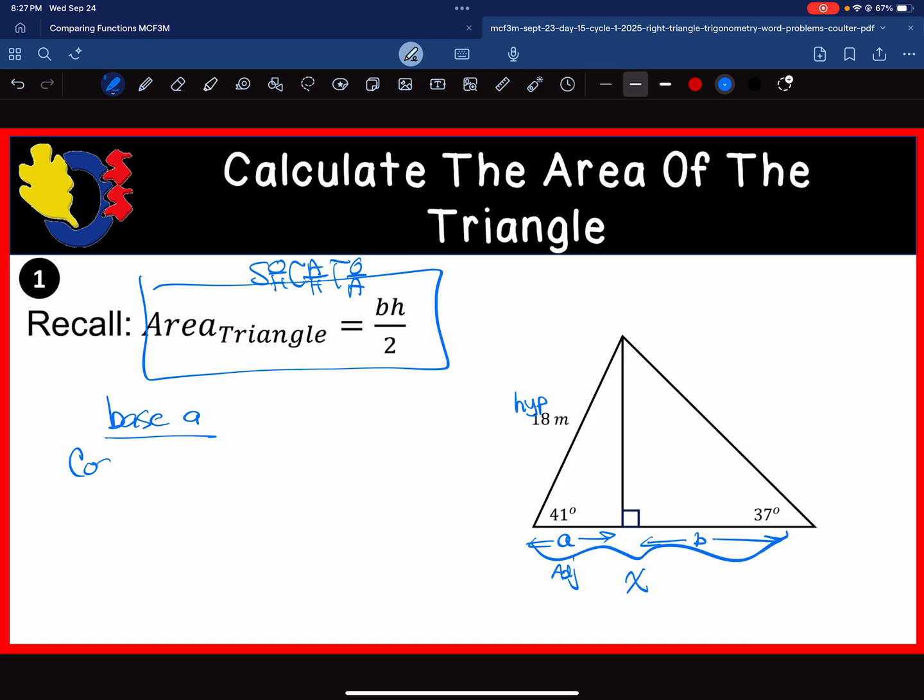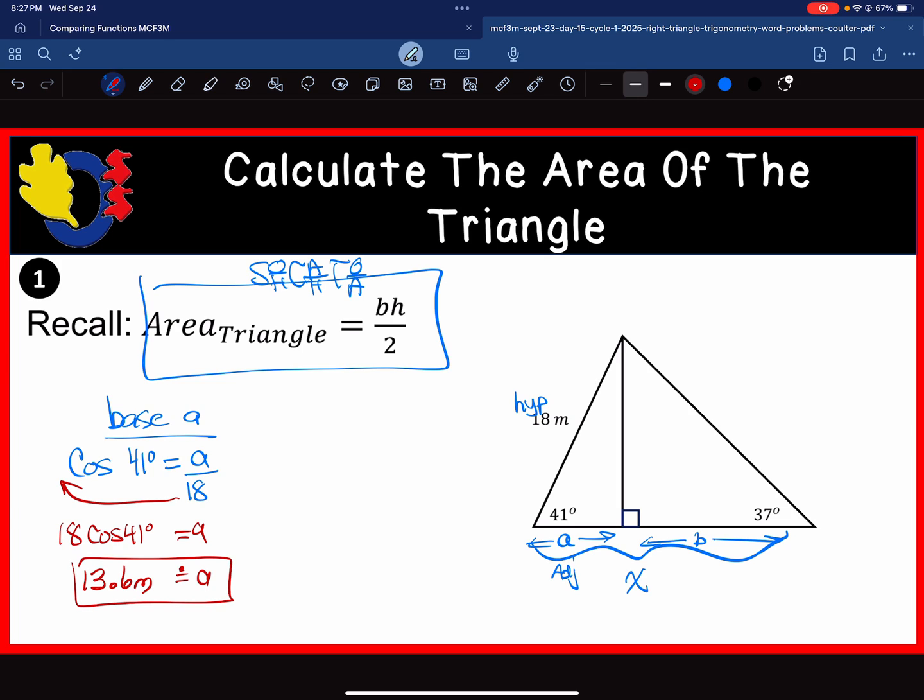So cosine 41 degrees is equal to little a over 18. So we're going to multiply by 18 to isolate a. So plug that into our calculator and we're going to round to 1 decimal place. So you should get 13.6 meters.